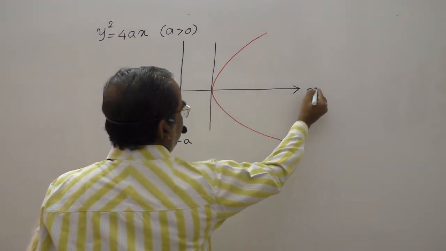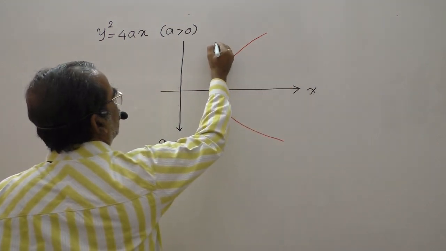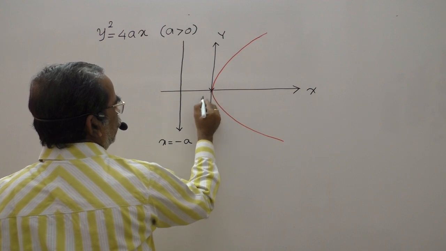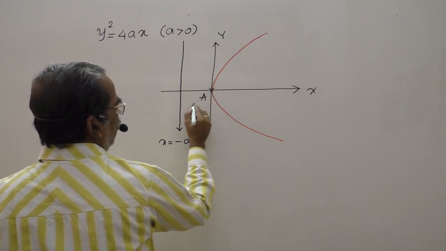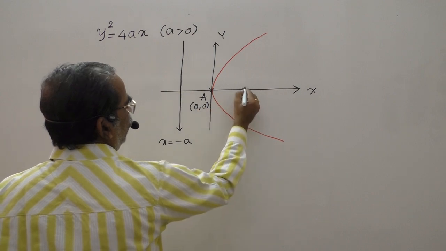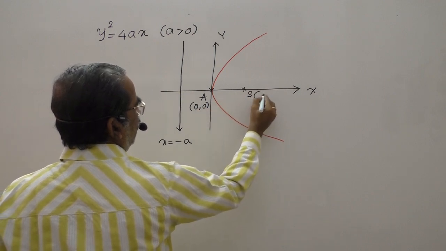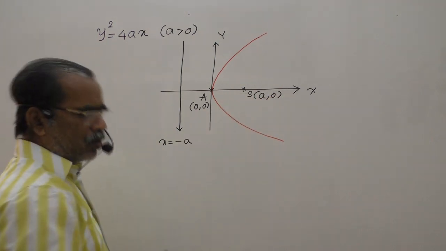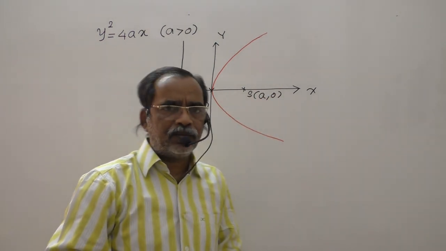This is the x-axis, this is the y-axis, this point is called the vertex (0, 0), and this point is the focus, denoted by capital S, (a, 0). So this was the figure.